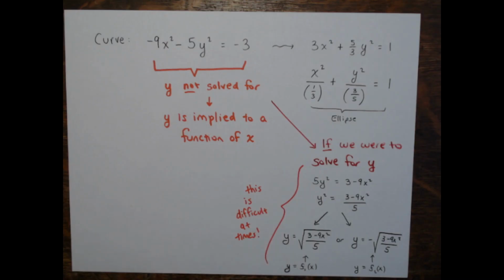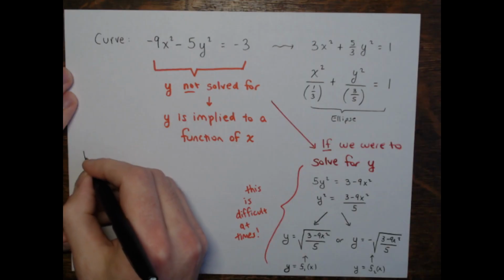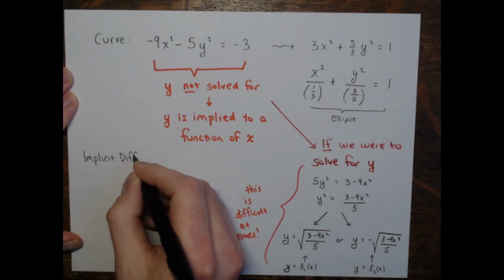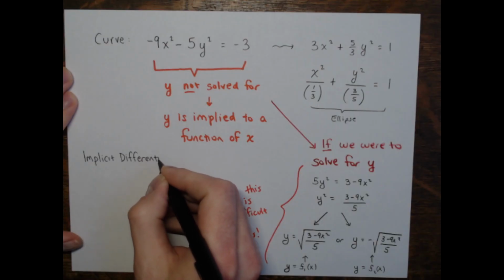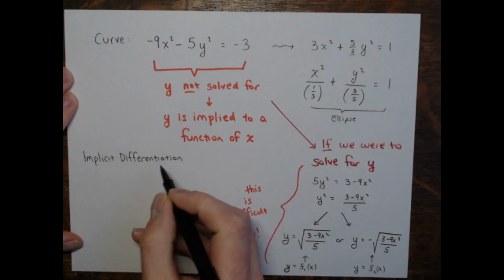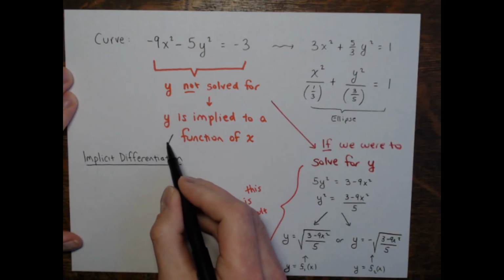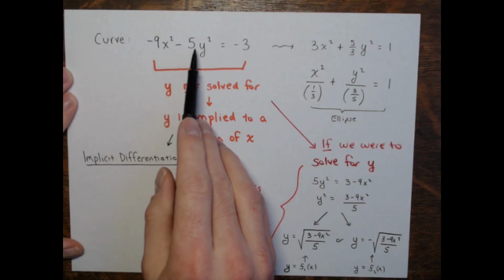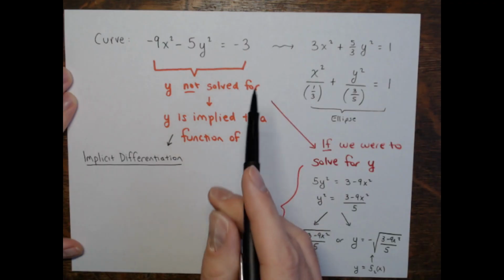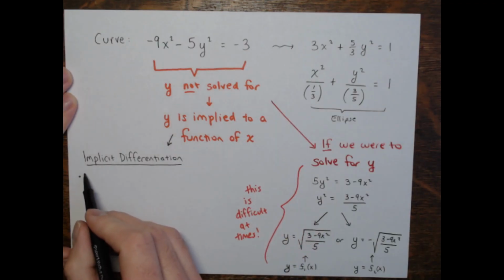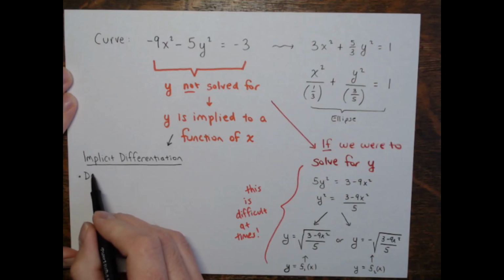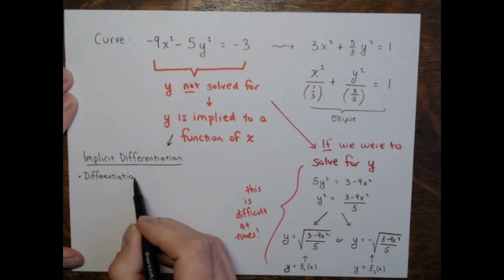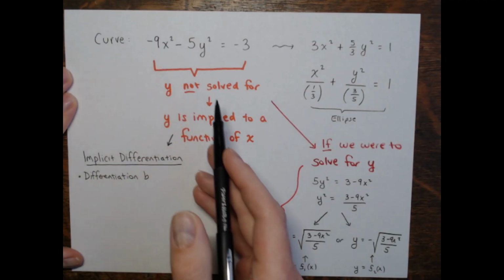So what we do, this process of implicit differentiation, is you keep the equation the way it was. So I'm going to keep this negative 9x squared minus 5y squared equals negative 3. And then you just take the derivative; you differentiate both sides with respect to, now here the input variable is called x.